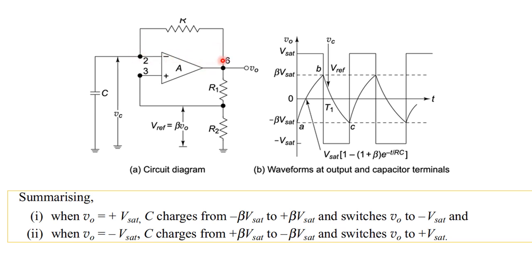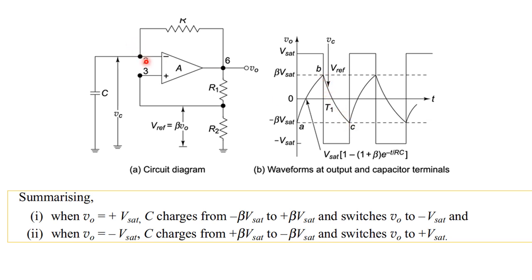When the second pin voltage becomes greater, the output toggles. Here it is plus, now it becomes minus. So plus VSAT becomes minus VSAT. You can see the toggle here. Now the voltage is minus VSAT, and that voltage is fed back again. Now the feedback voltage is minus beta VSAT, so the third pin terminal will be at minus beta VSAT. The capacitor will try to discharge from the positive voltage to the negative voltage, from beta VSAT to minus beta VSAT.